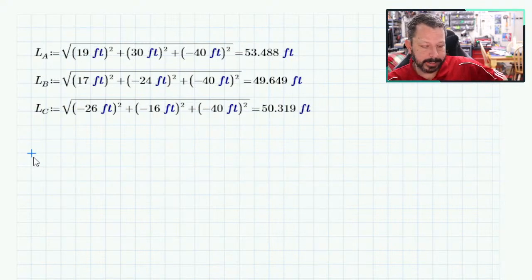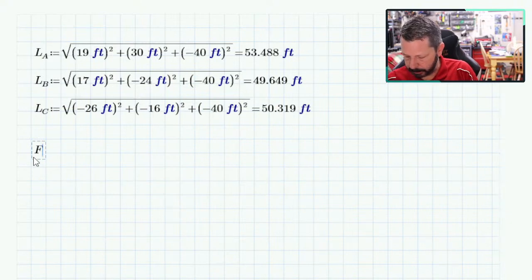Remember, to get the X component, we take the force in the cable and multiply it times the cosine of the angle of that cable and whichever direction, X, Y, or Z. So in our equations, we'll just call it force in cable A.